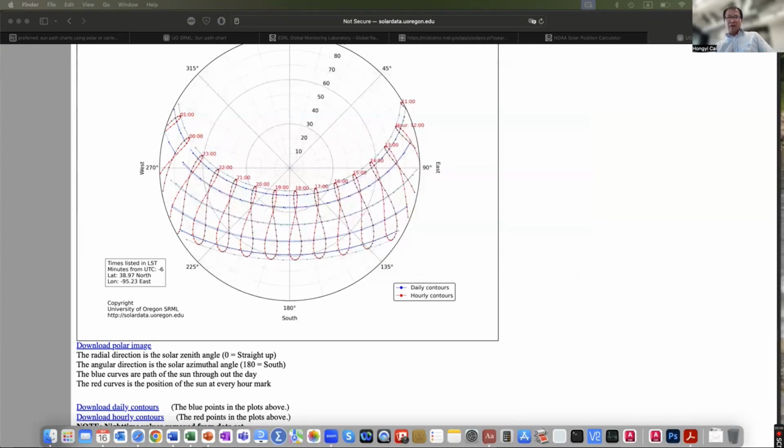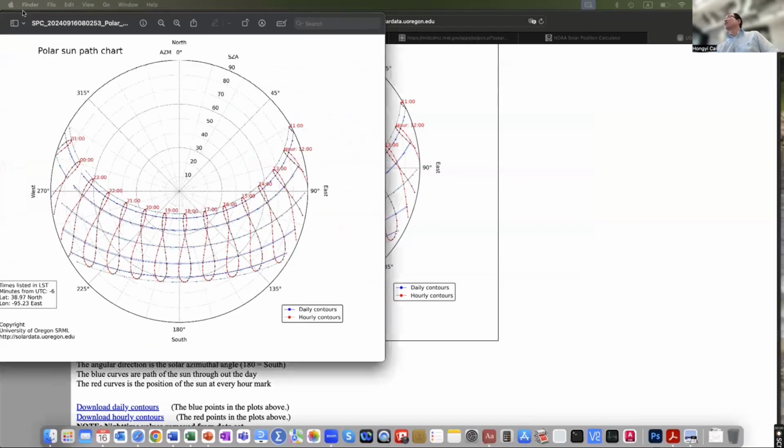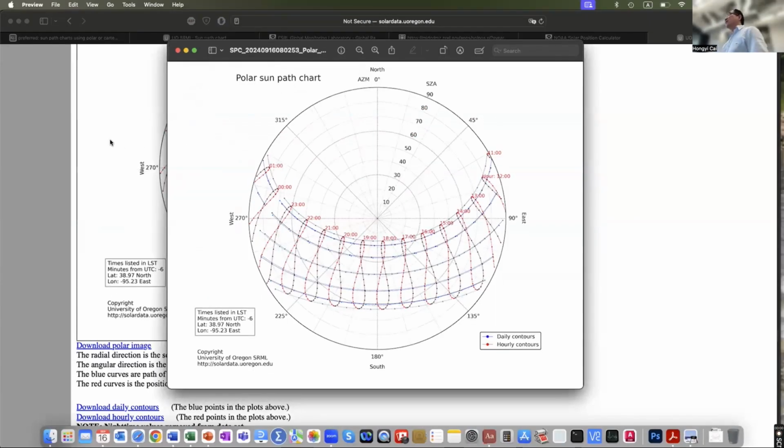It's a PNG, actually not a PDF, but PNG is also fine. Okay. So this chart has 1 degree, 0, 24. So something is wrong with it.